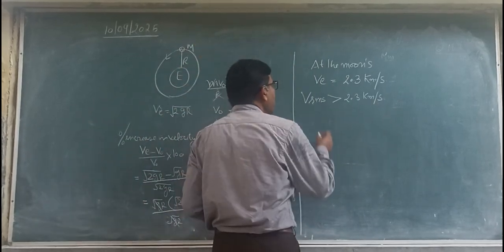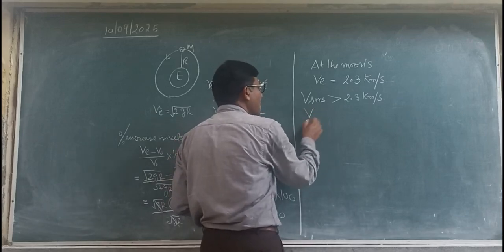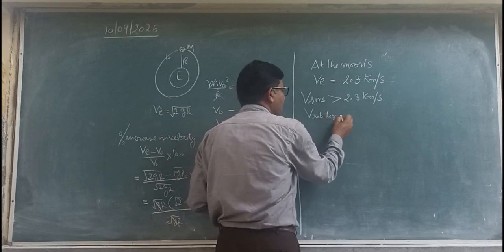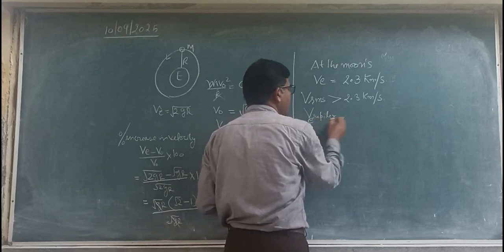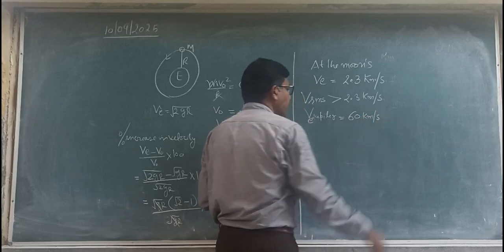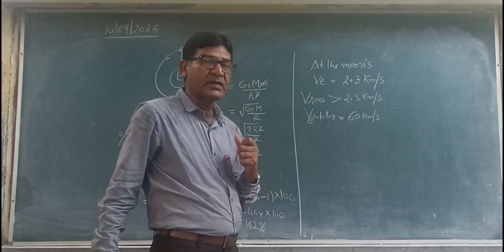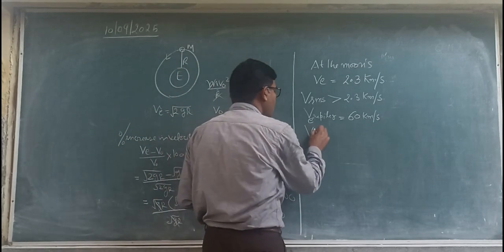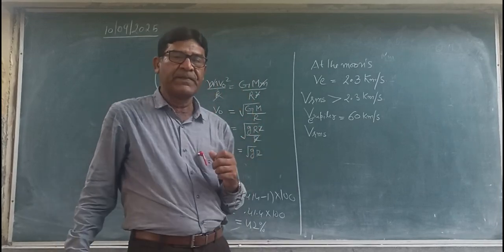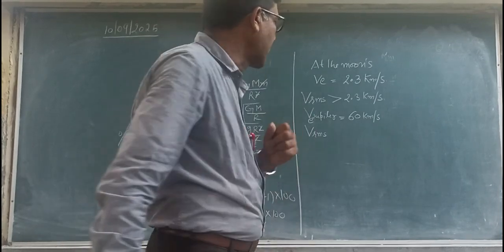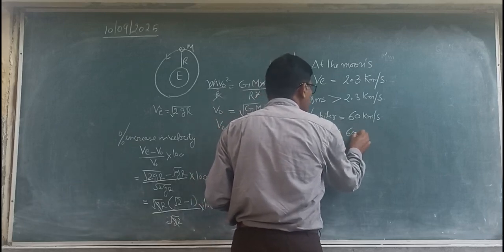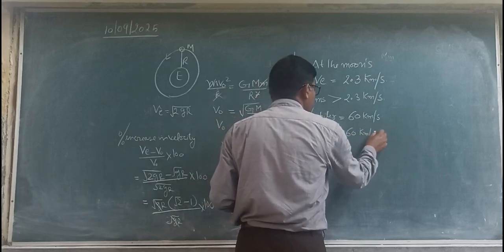On the other hand, in the case of Jupiter, the escape velocity is 60 kilometer per second. But the VRMS, the velocity of the molecules of the gases in the atmosphere of Jupiter, is small in comparison to 60 kilometer per second.